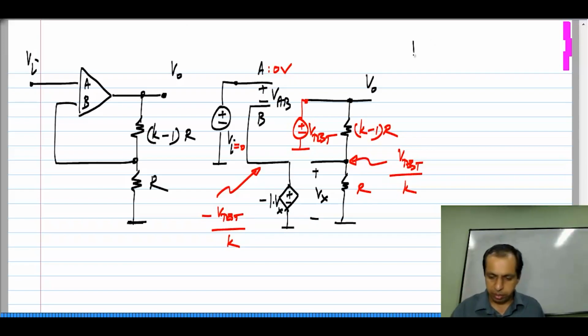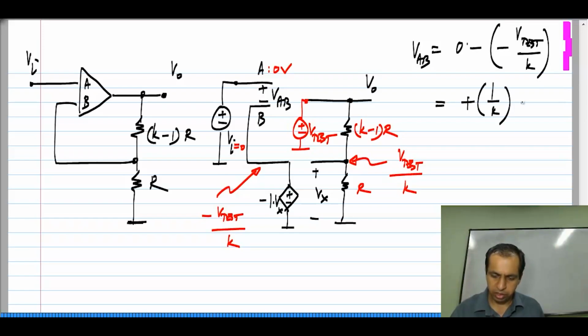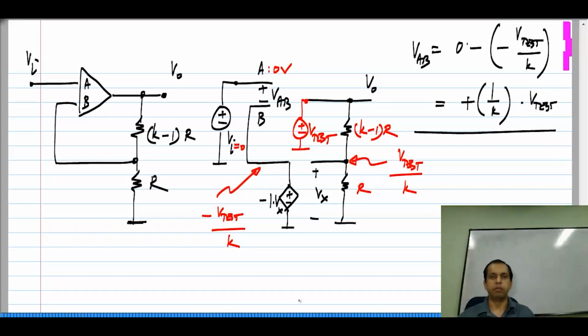So, the voltage VAB is nothing but 0, which is the voltage at node A, minus voltage at node B, which is negative of V test by k. So, this is plus 1 by k times V test. Okay. So, it is the same magnitude of the voltage as before, but the sign is reversed.